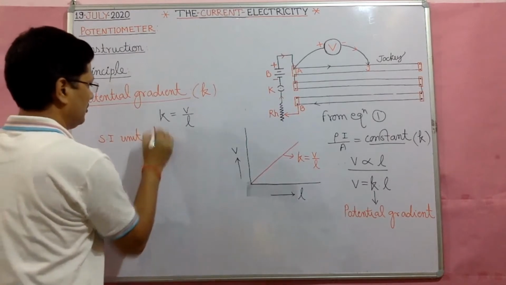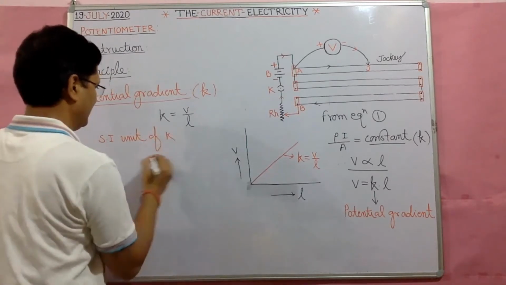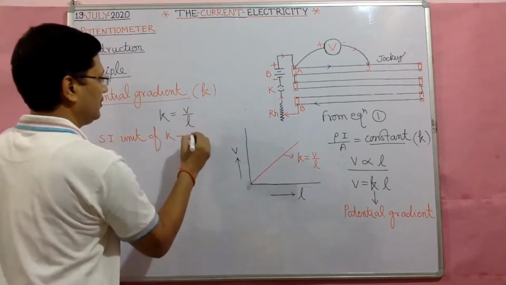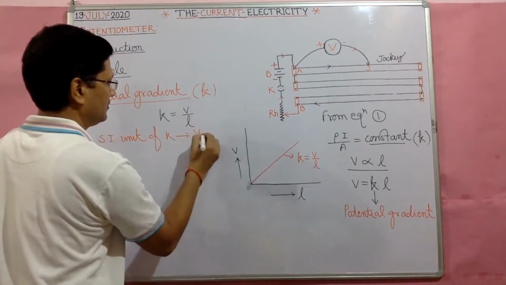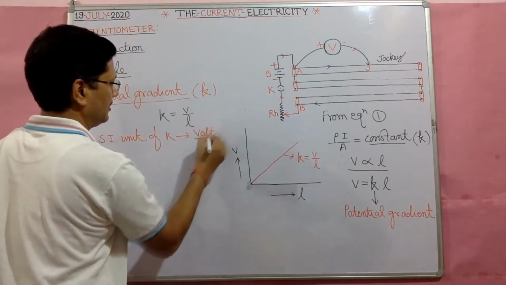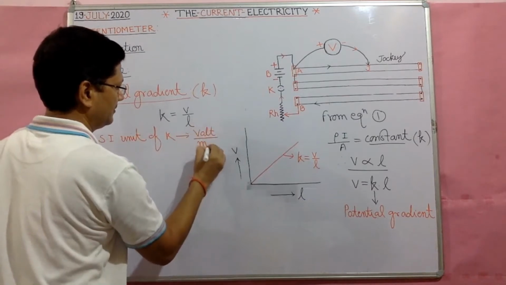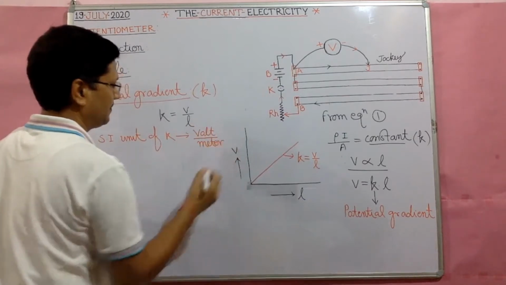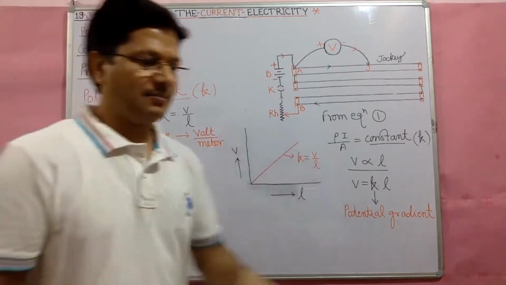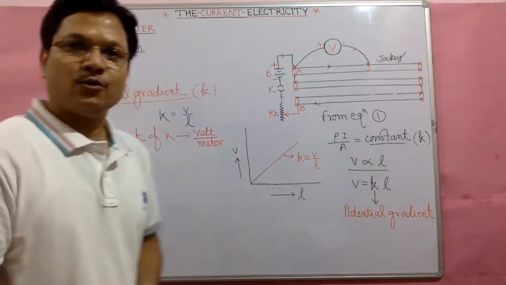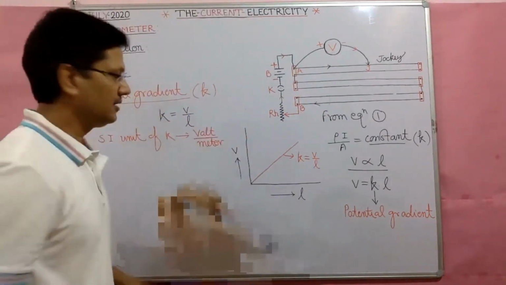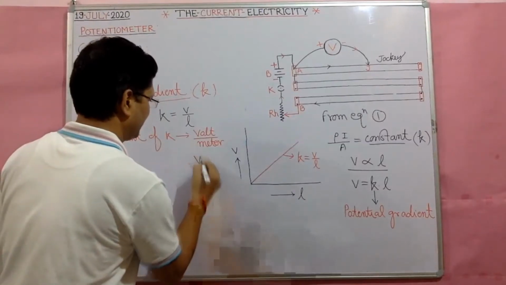SI unit of K: V is volt, length is meter, so volt per meter. But practically, we measure potential gradient in volt per centimeter.